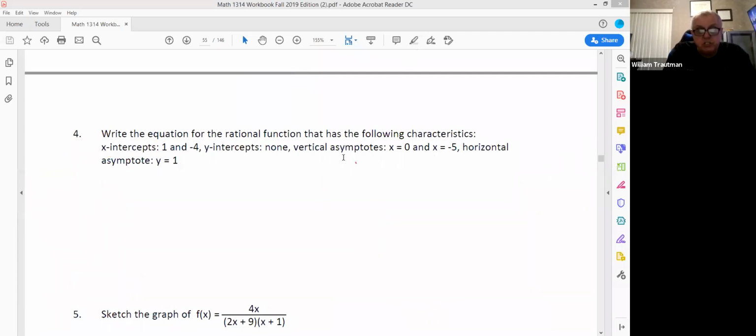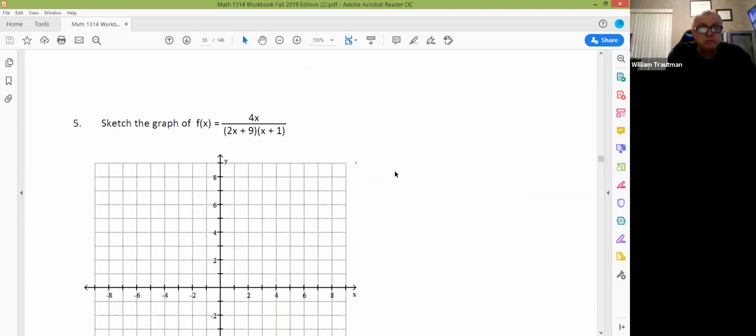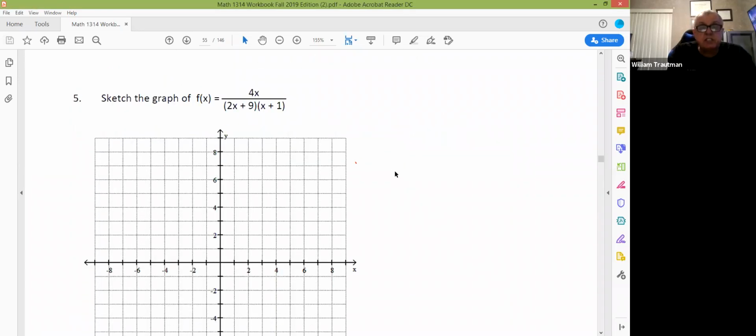All right, question 5. We need to sketch the graph. So we're just doing backward what we previously did. Remember, the top is the x-intercepts.